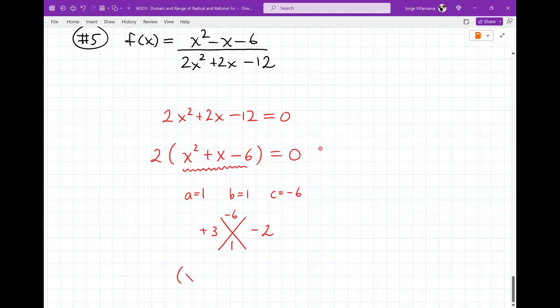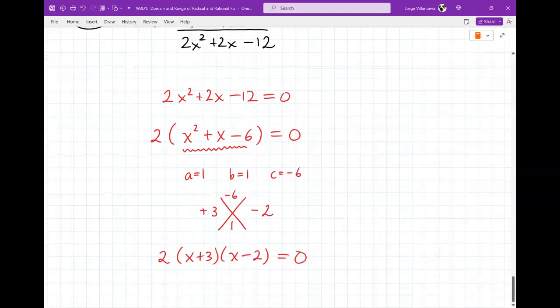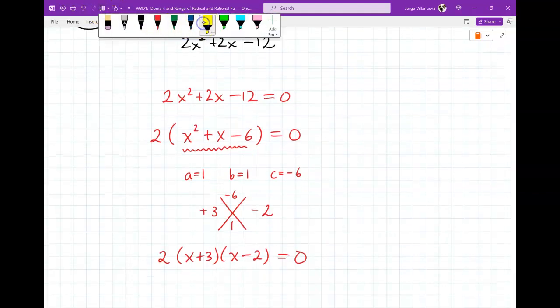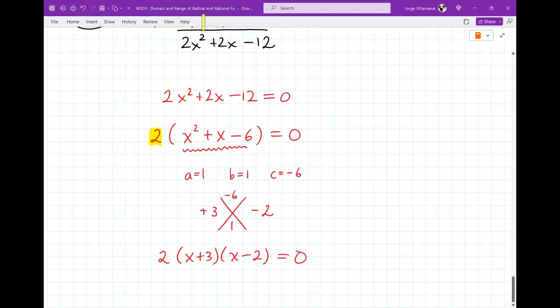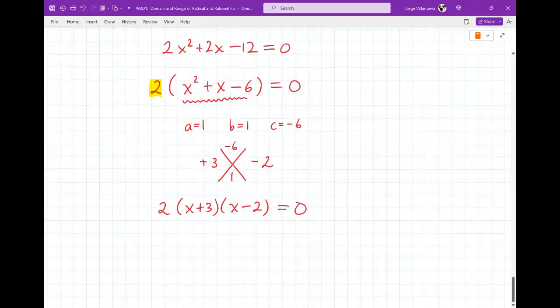So it's going to be x plus 3, x minus 2, and then there's a 2 out here, equal to 0. Don't forget about that 2, okay? It's up here. We've got to make sure we bring it back down. Now we're going to set everything equal to 0 like we have it, but by breaking it apart.